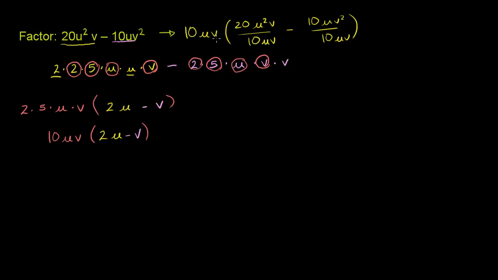If I were to distribute the 10uv, it would cancel with each of these denominators. But what we can do is simplify this. 20 divided by 10 is just 2. u squared divided by u is just u. v divided by v is just 1. 10 divided by 10 is 1. u divided by u is 1. v squared divided by v is just v to the first power. So you're left with 10uv times the quantity 2u minus v. Either way, you get the same answer.